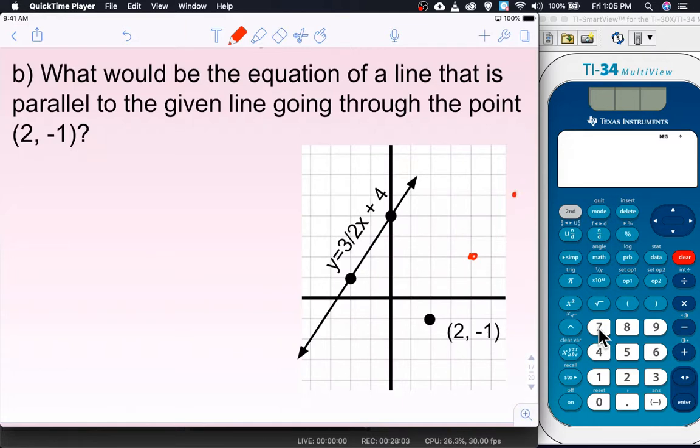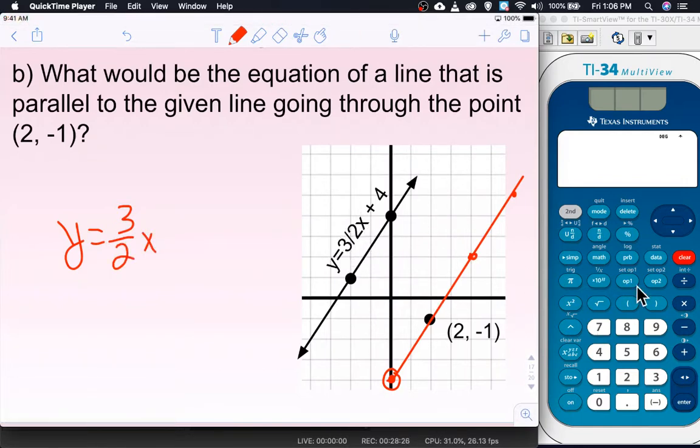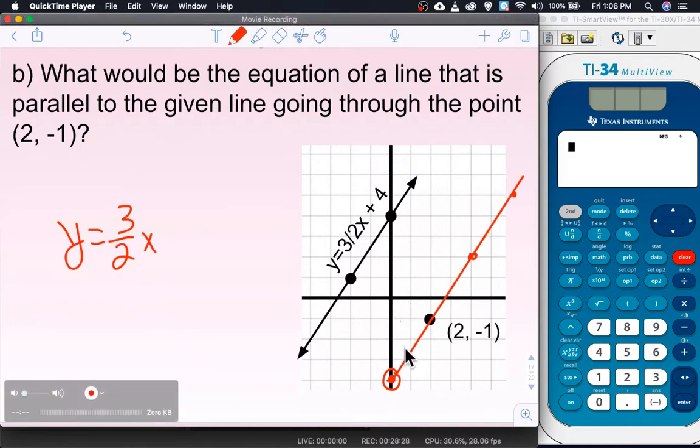And I can now do that in reverse. Down 3/2. Boom. Look at that. That's going to be our y-intercept. It's on the y-axis, which means I have all the information I need to write the equation of this line. I know the slope is going to be 3/2 because it's parallel. Parallel lines have the same slope. And now I can see that it's going to cross the y-axis at -1, -2, -3, -4.